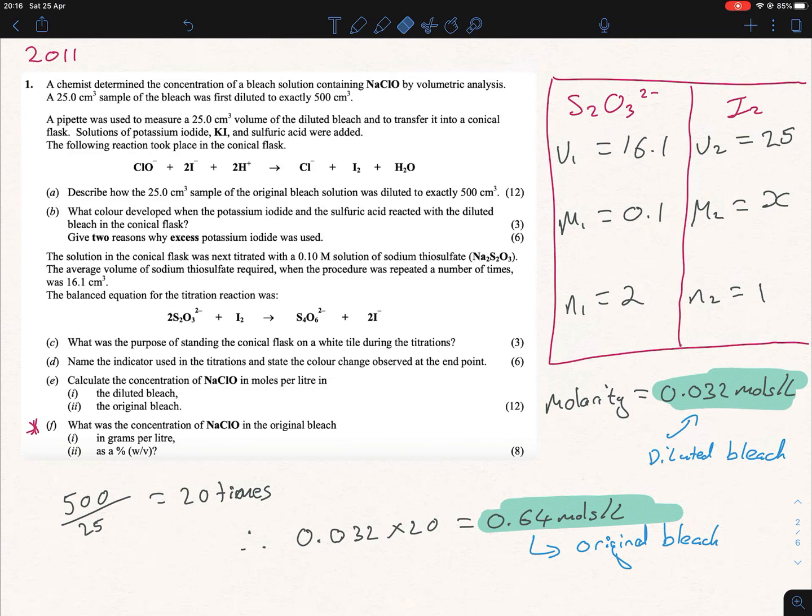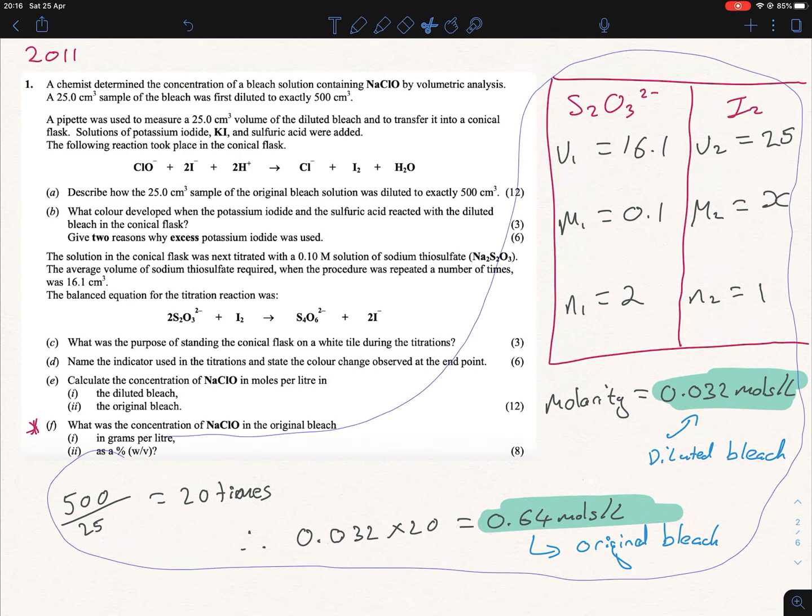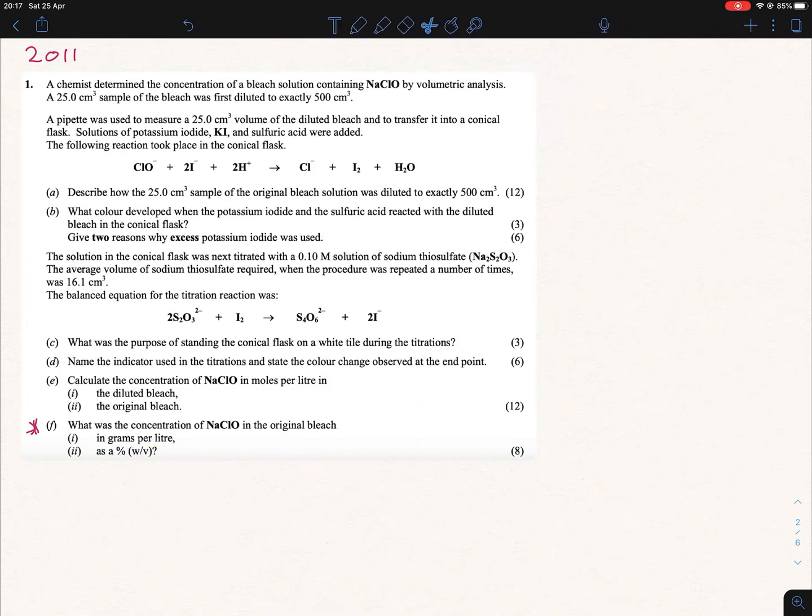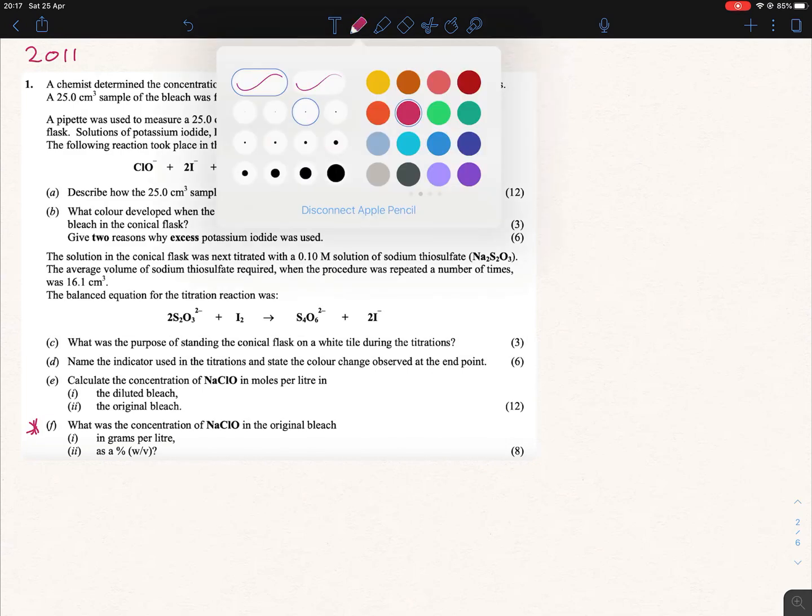Okay. So what I'm going to do now is get rid of all of this. I'm going to need the space. We'll refer back to it later on if we need to. So we're asked here in part F, part I, what is the concentration of NaClO in the original bleach in terms of grams per litre? Well, we go back to our normal formula for that.